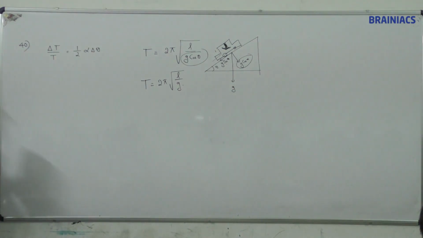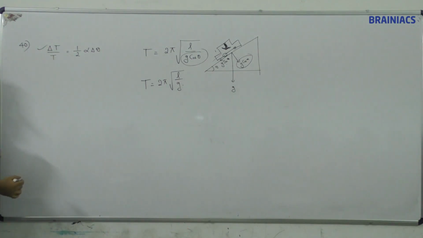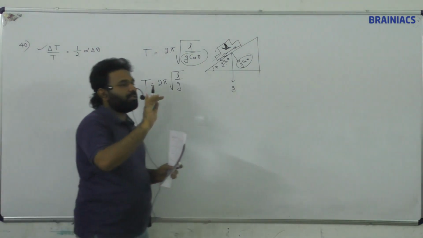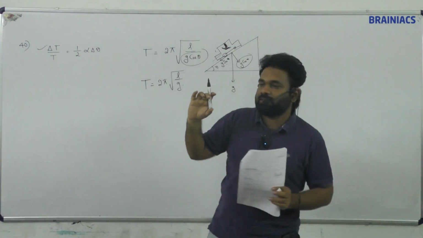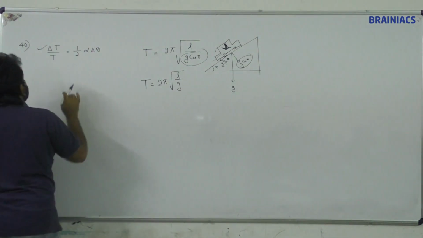This is the fractional change in time period. Delta T is the change in time period, whether it is loss or gain. If we increase the temperature, length will increase. If we decrease the temperature, length will decrease. So solve this.